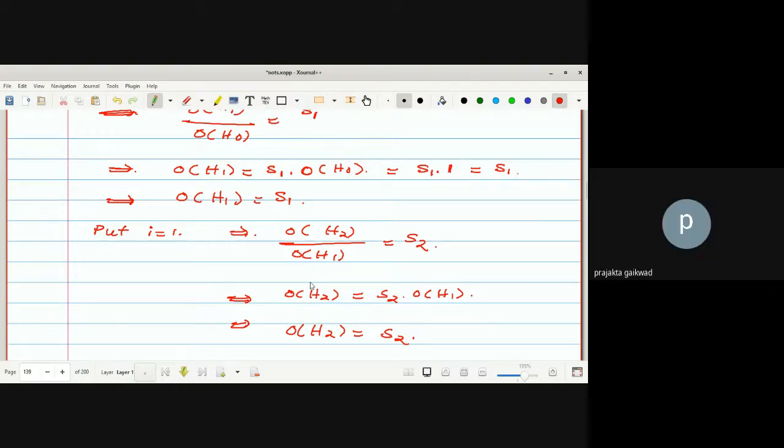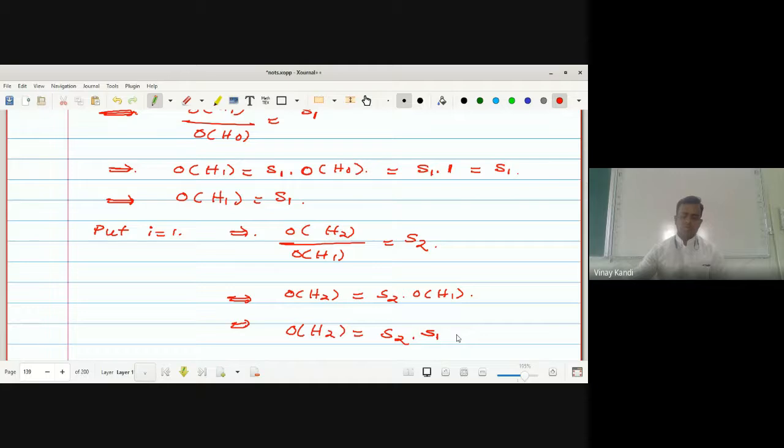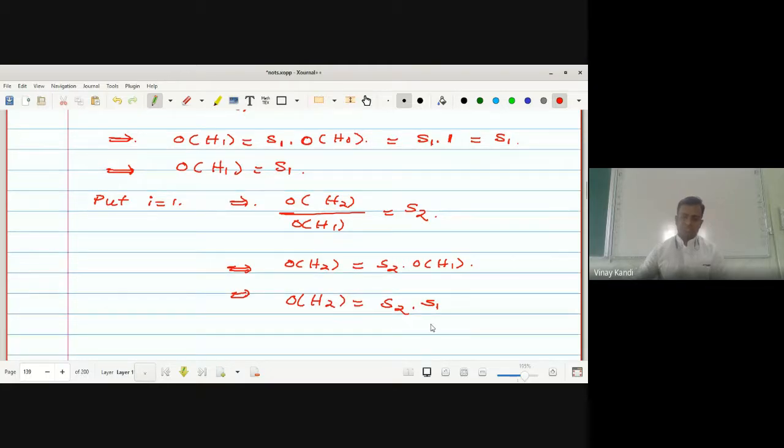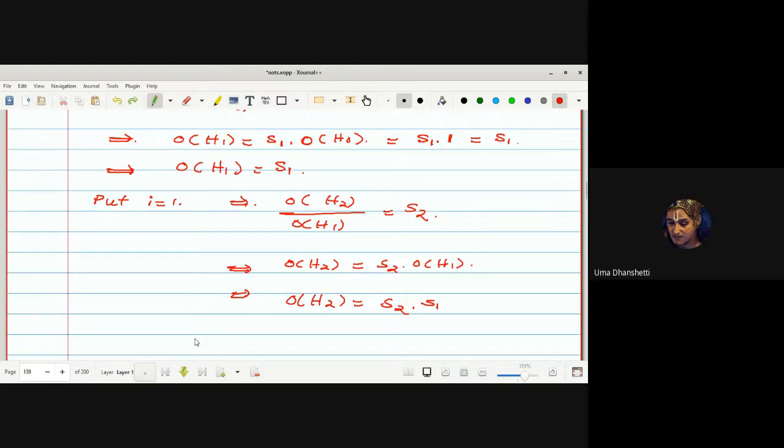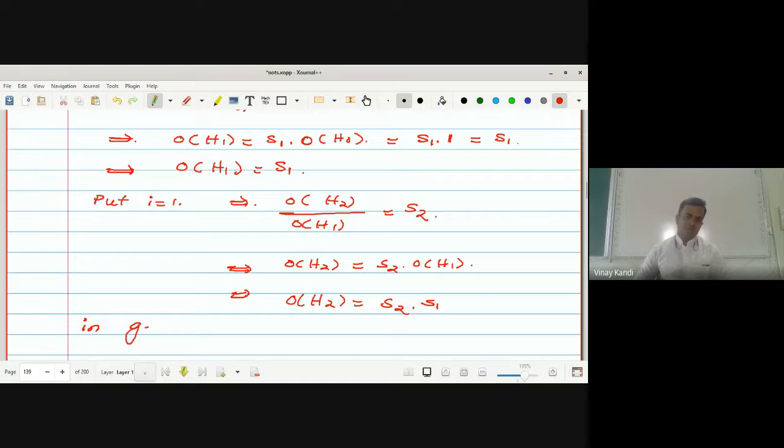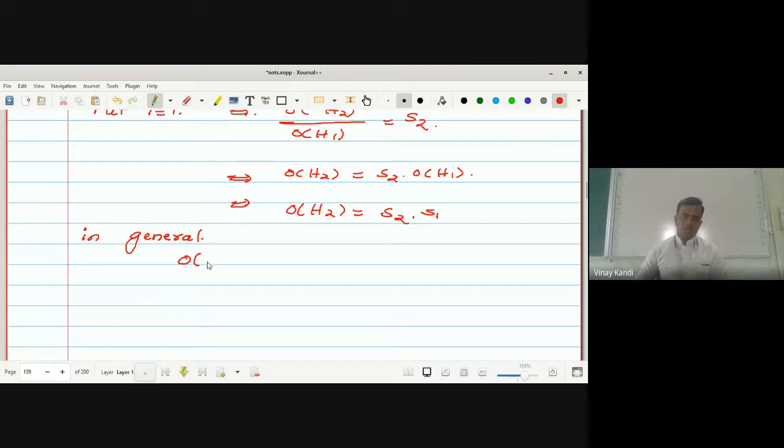S1. Yes, S1. In your notes, S1 into S1 was written there; correct it, it should be S2 in place of S1. So in general, we can say that order of H3 is S3 into S2 into S1. So what is the order of Hi we get? Si into Si minus 1 into up to so on S3 into S2 into S1. Is it correct?